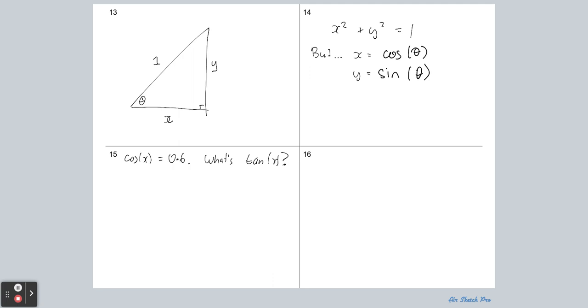It means that x squared is actually cos theta squared, and y squared is sine theta squared. And so we have this relationship that the square of cos theta plus the square of the sine theta value will equal 1.